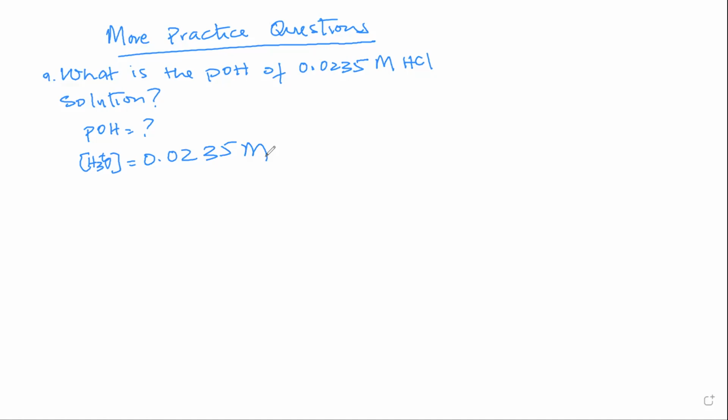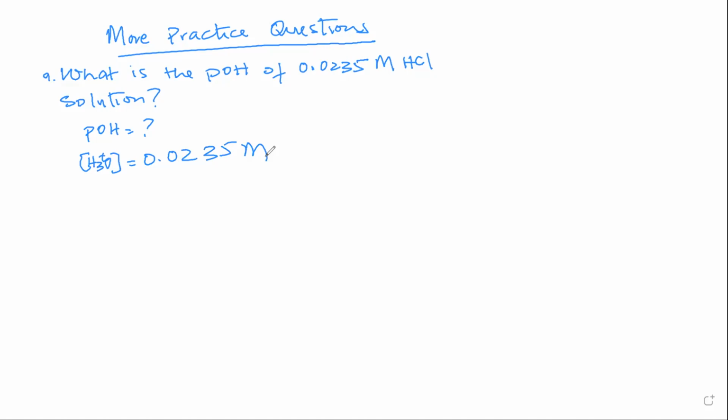Remember, as I said, because hydrochloric acid is 100% ionized, the concentration of hydronium ion in solution will be equal to the original concentration of hydrochloric acid.